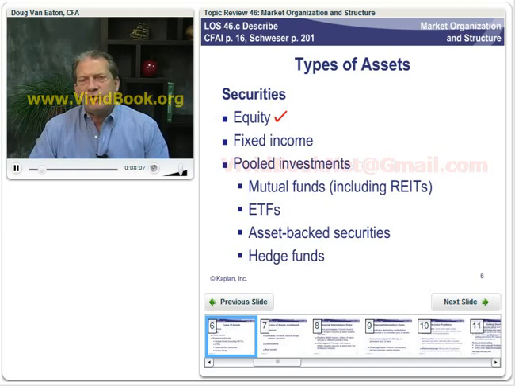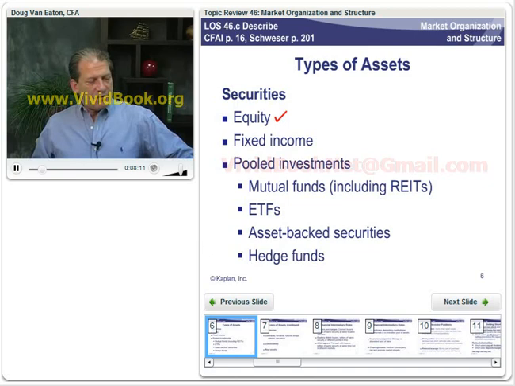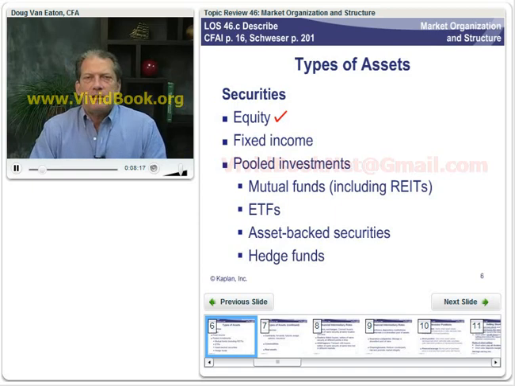Hedge funds used to hedge, and some still do a little bit, but often now hedge funds just encompass a whole variety of strategies, and they're not publicly traded, and they are much less regulated.